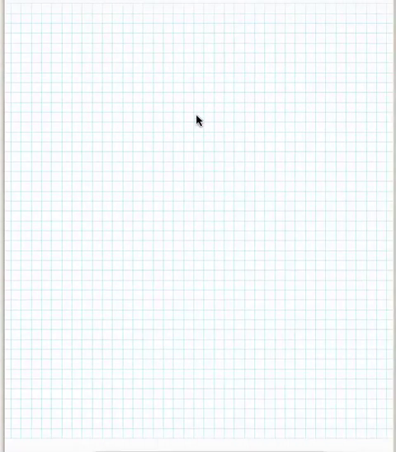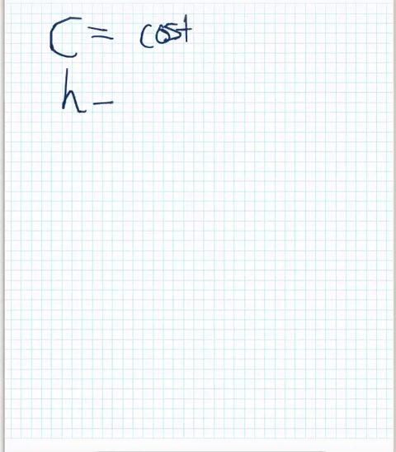So we can use C for the cost, what it's going to cost us. Okay, so that can stand for cost because we're the ones paying for this. And per hour. So once again, when you see per hour, H can always be hours. Okay, and that's cost in dollars.